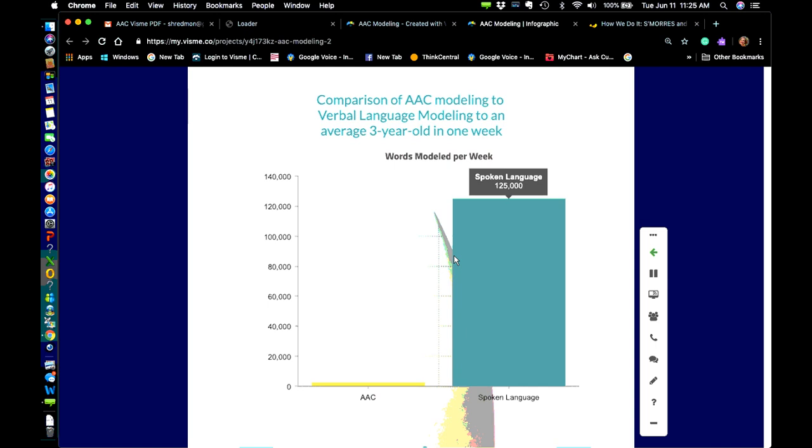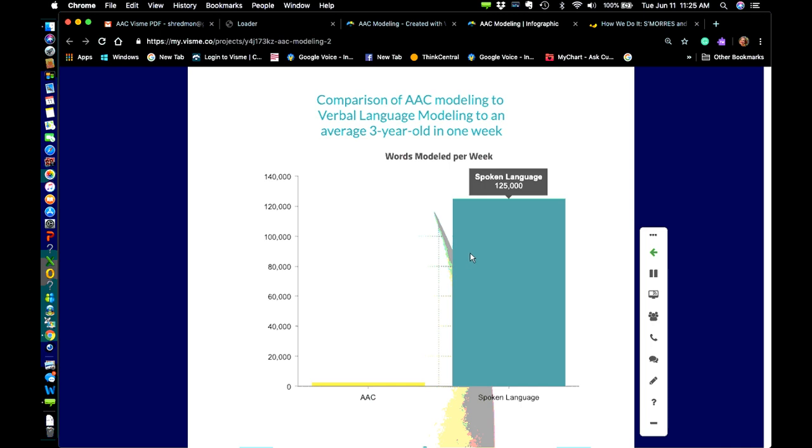She knew that this was a problem, but seeing it in this graph creates the urgency. This is why we need to be doing aided language stimulation every day in multiple settings, in multiple ways, and we need to break down the barriers and figure out a way to do this.